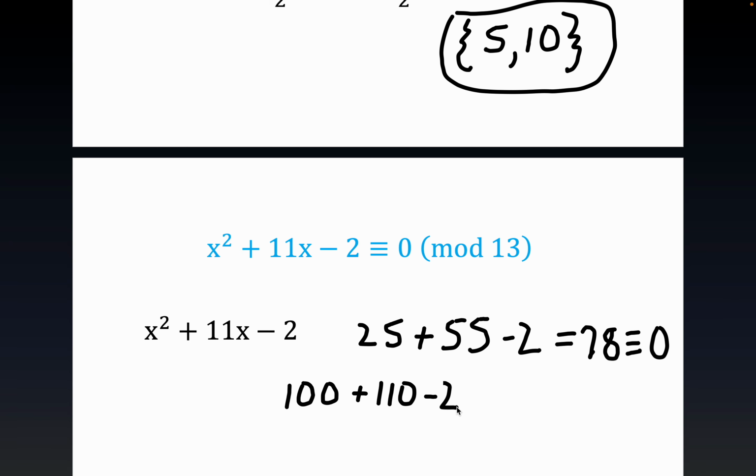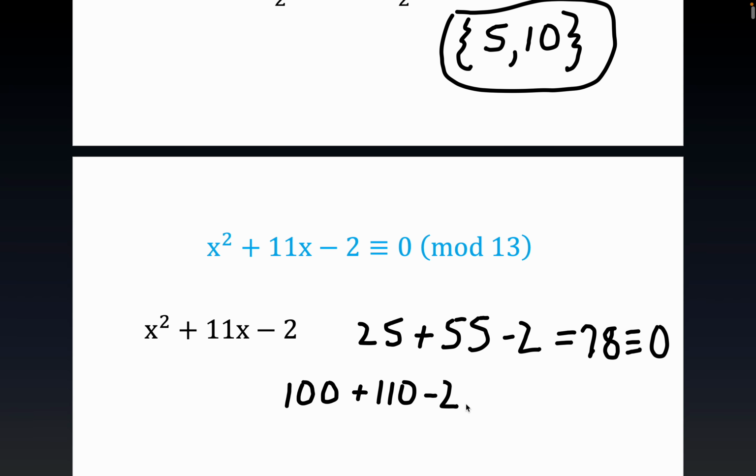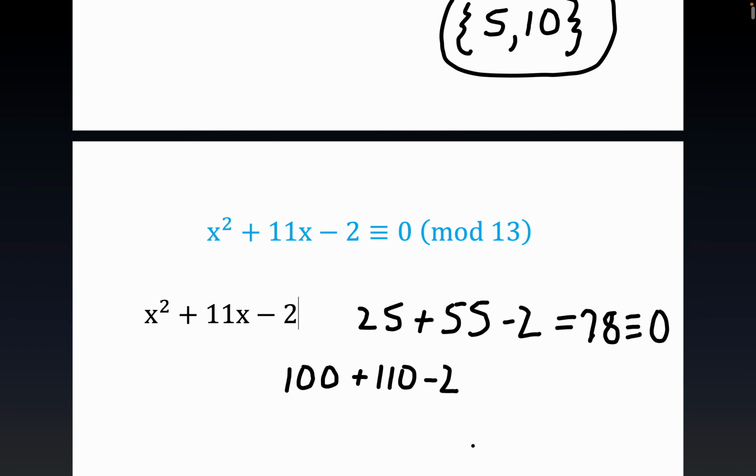Okay, now this is what, 210, 208. That's equal to 208 is what I'm getting. And that better be congruent to 0. And I believe it is because it's 13 times 16, right? Note that 208 is 13 times 16 is the justification.